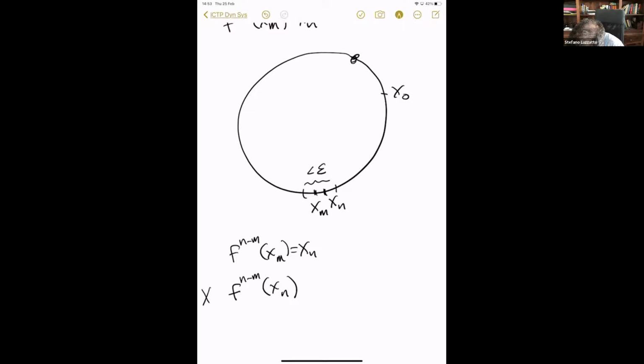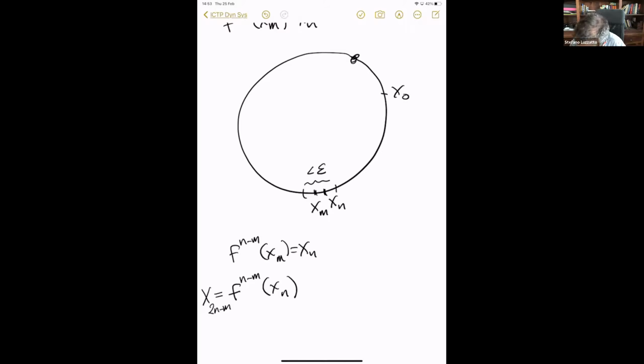So this is x of 2n minus m. Where will this point be? It moves by something smaller than epsilon.